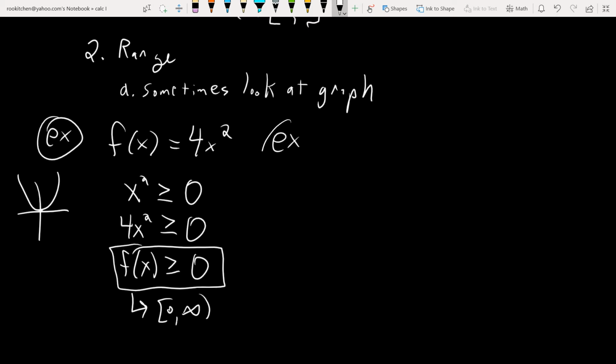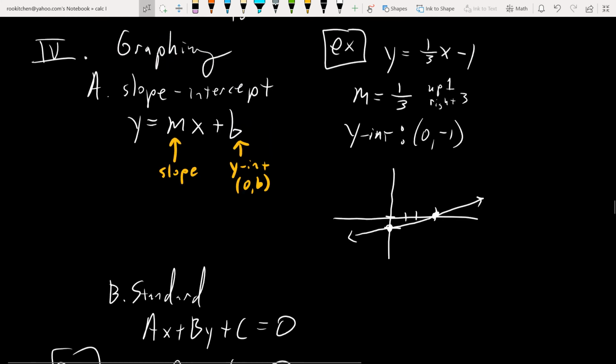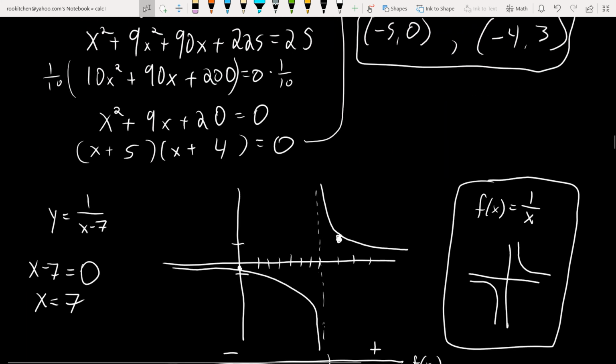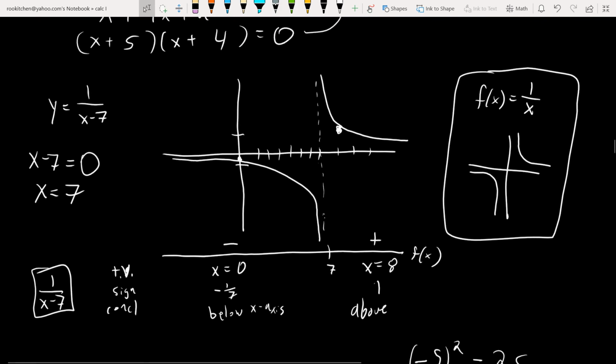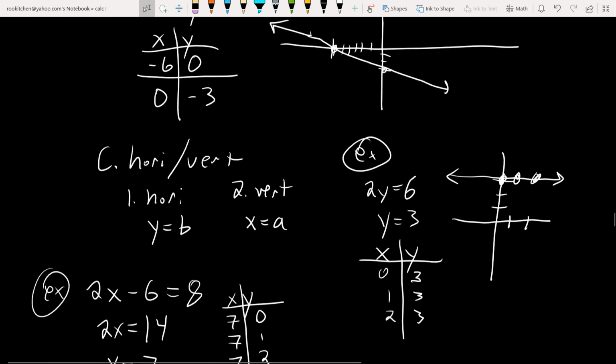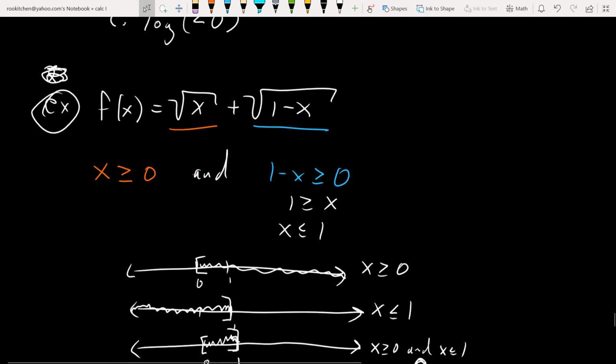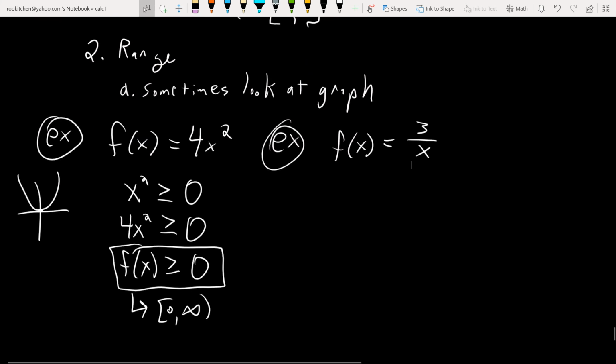Okay. Maybe a harder example is something you're not as familiar with, probably 3 over x. Maybe you are familiar. And I think I talked about it earlier in one of my lectures, way back, right? Oh, it's right here. It's this guy, right? This is just 3 times 1 over x. So all that does is kind of mess with the amplitude, so to speak. It'll stretch it vertically. So I kind of know what the picture is, right? And if you kind of know what the picture is, you can kind of guess what the range is.